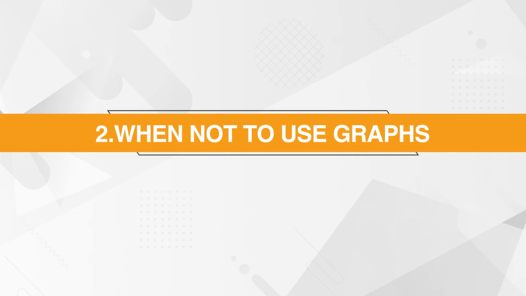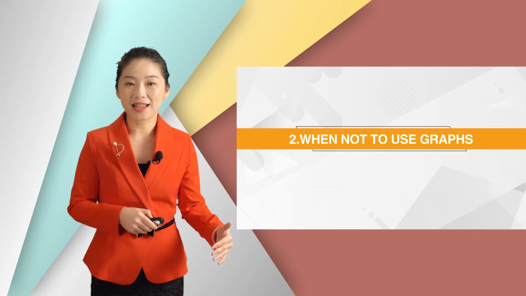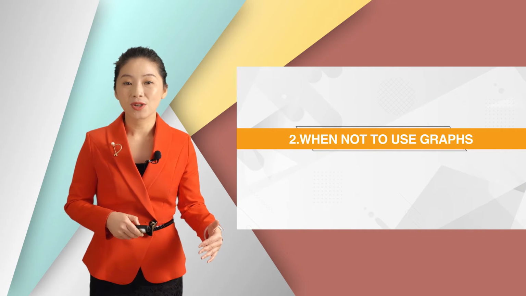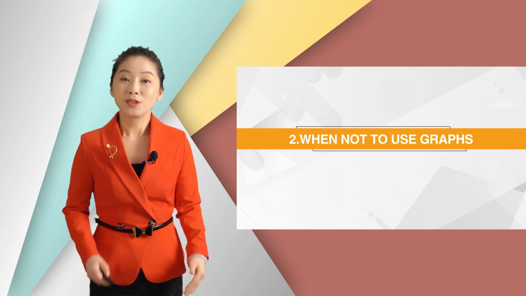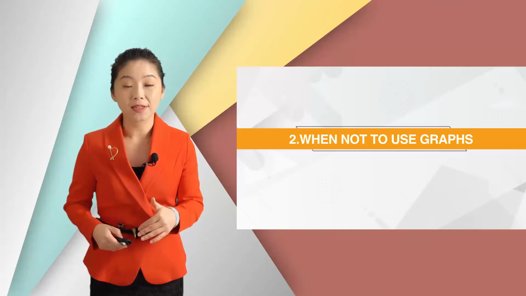When not to use graphs. In the previous chapter, we discussed certain types of data that should not be tabulated. They should not be turned into graphs either. Basically, graphs are pictorial tables.